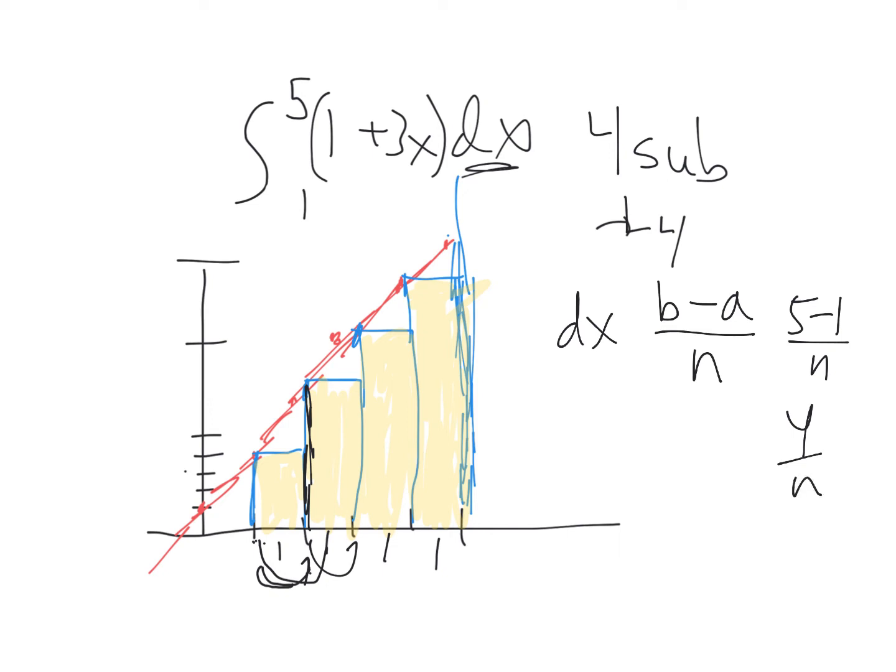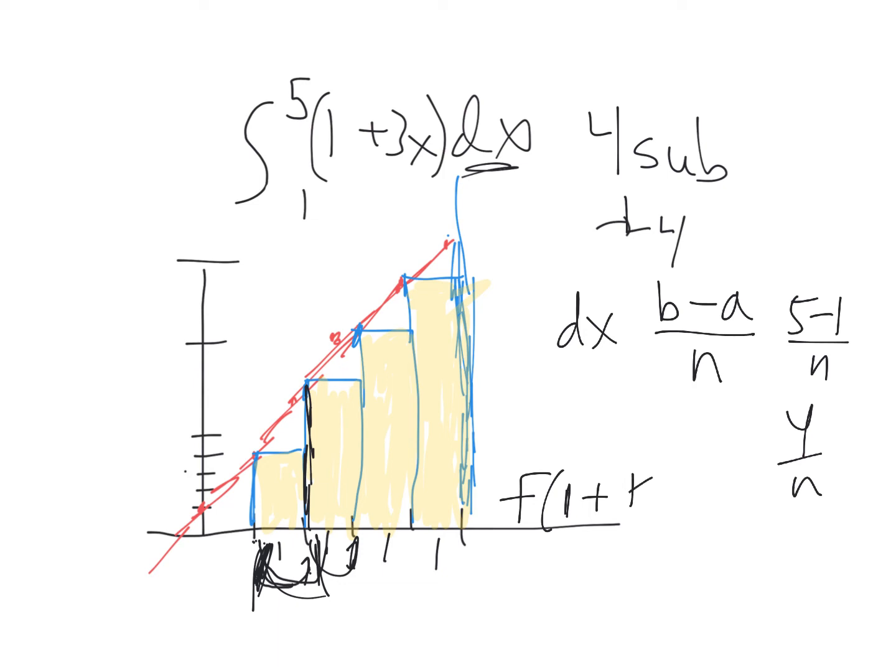And then remember how we're going to take f of our starting place. Well, our starting place for this one is 1 plus however many dx's we need to add. So for the first one, we're going to add 0 because we want to start right there at 1. For the next one, we're going to add 1 of them. And for the next one, we're going to add 2 of them.